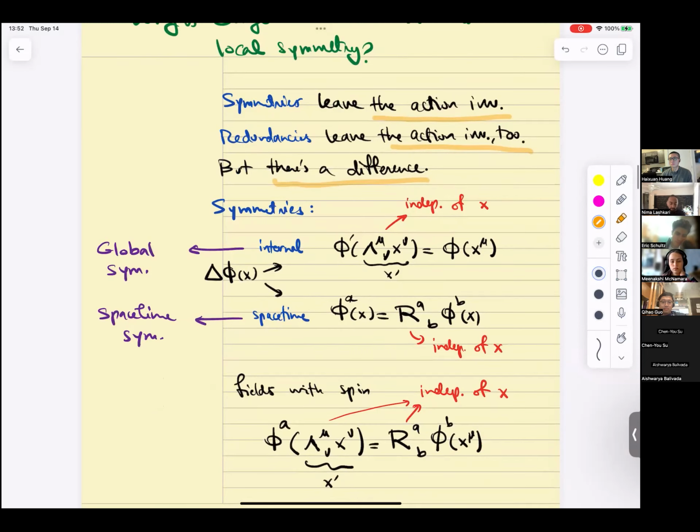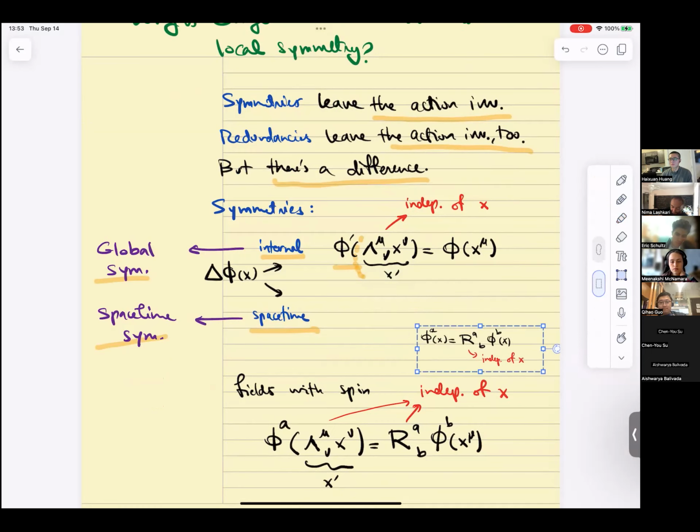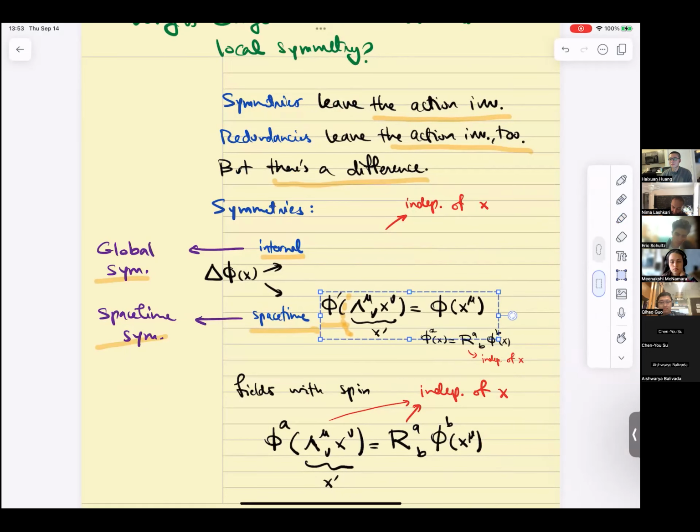In symmetry transformations, whether internal, that we call the global symmetry, or space-time, that we call the space-time symmetries, phi prime, let's say, is, oh, sorry, whoops, I wrote this up. This should be down here.